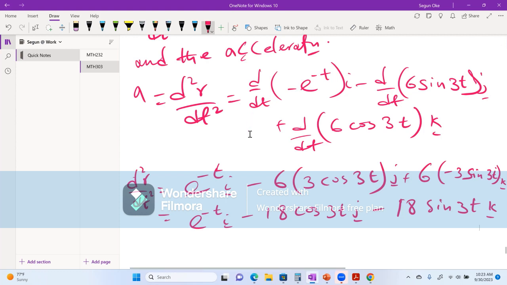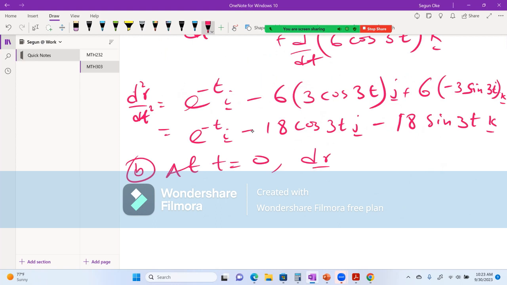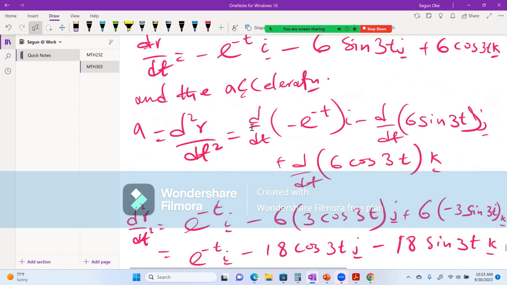Then the big question says what? At t equals 0, what is dr/dt? Here is dr/dt. Put 0 everywhere.